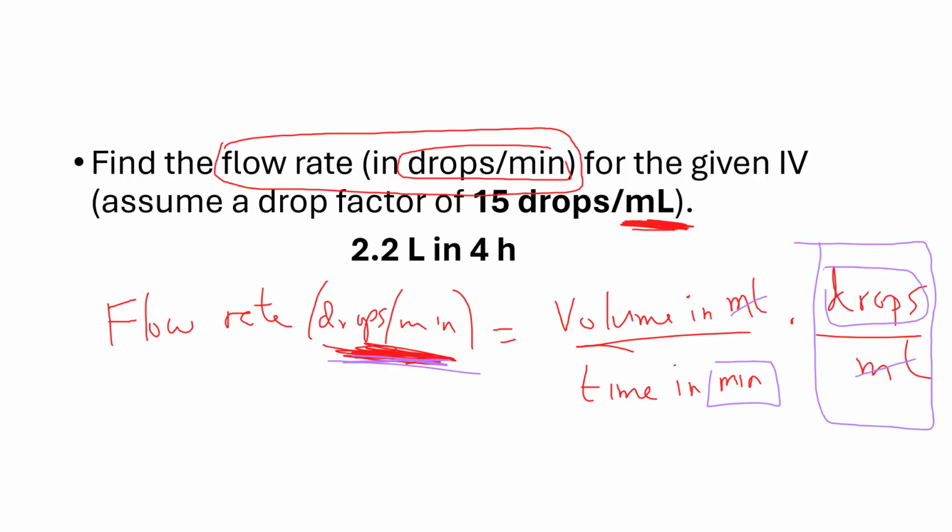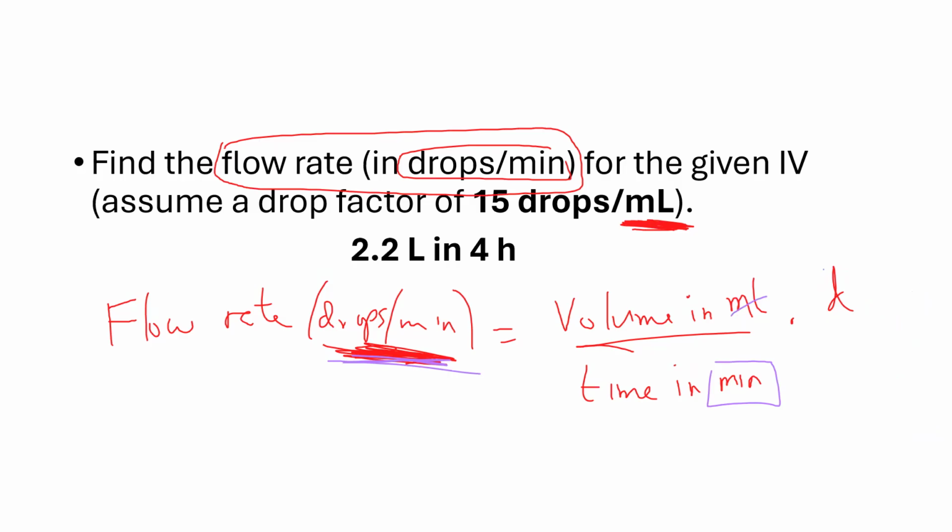All right. Now let's get into the problem and then solve the problem. So my volume must be in ml, but I have 2.2 liters. I've got to change 2.2 liters to ml.